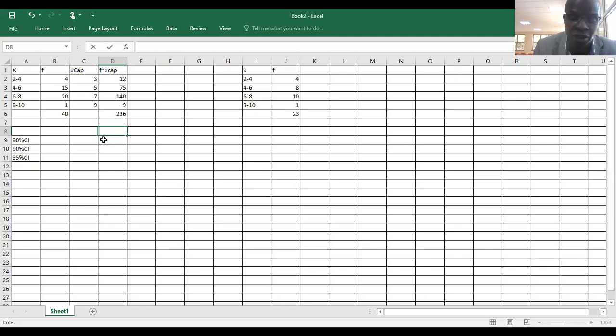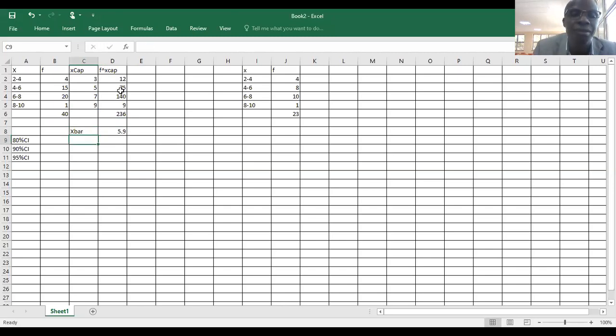What's 236 over 40? This divided by 40, so our X bar equals 5.9. That is X bar, the X bar in that relationship of the confidence interval.